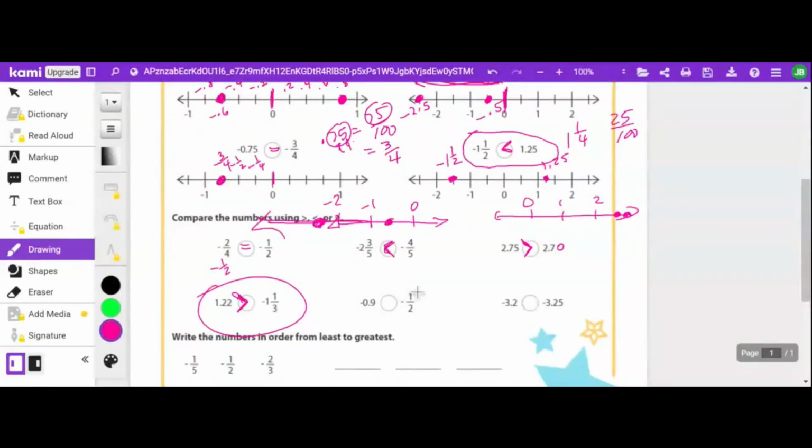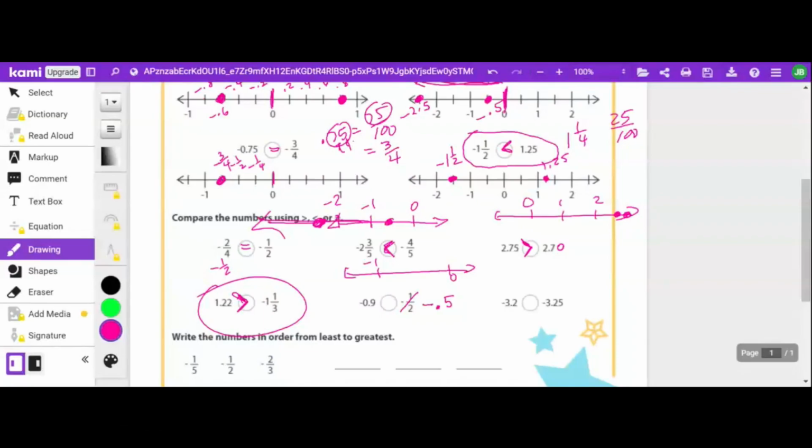Then for this one, we have a decimal and we have a fraction. Usually if you have a decimal and a fraction, the best thing to do is change one of them to the other form. And so I'm going to change negative 1/2 into negative 0.5. So again, we need to think about our number line, and here's 0, and here's negative 1. These numbers are not quite to negative 1, but one of those numbers is closer to negative 1, is further left than the other one.